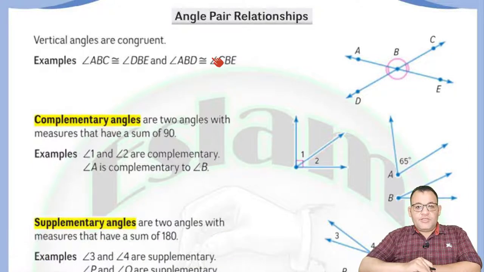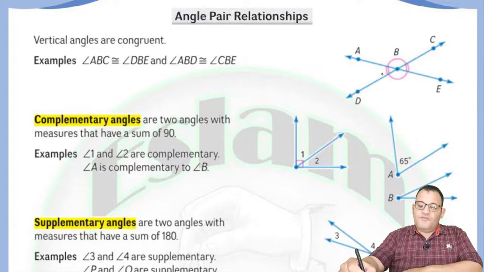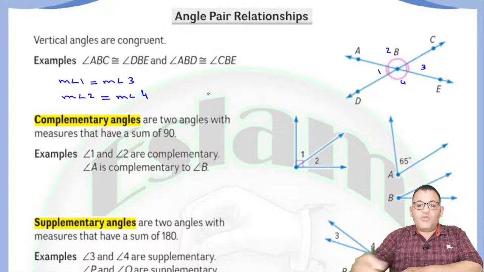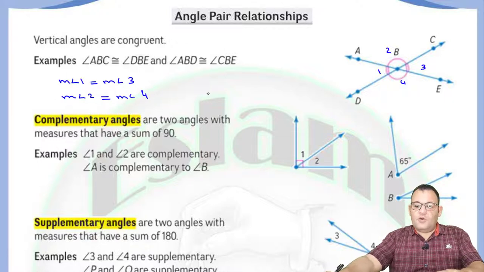Now with the angle pair relationship, we said each two vertical opposite angles are equal in measure. So we have four angles, angle number 1, 2, 3, and 4. The measure of angle 1 equals the measure of angle 3, and the measure of angle 2 equals the measure of angle 4, because they are vertical opposite angles.